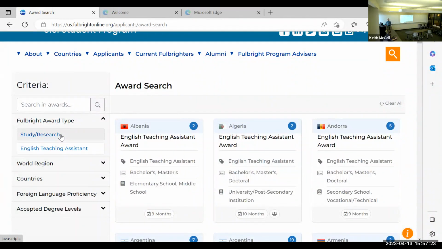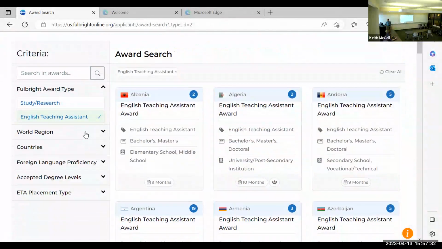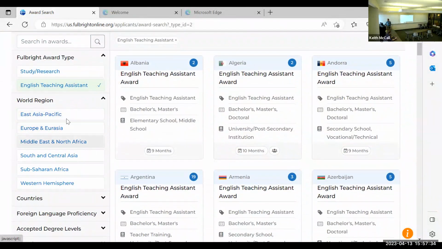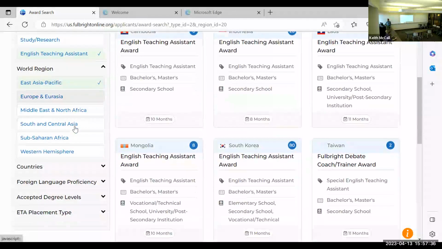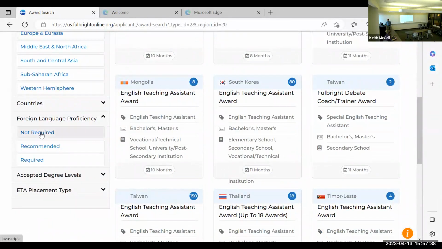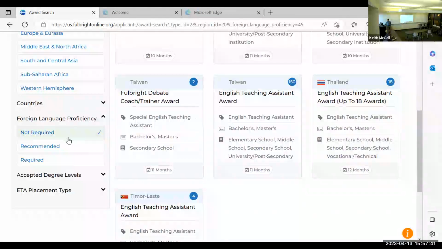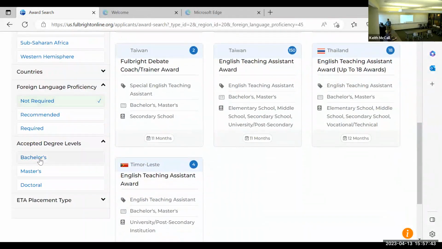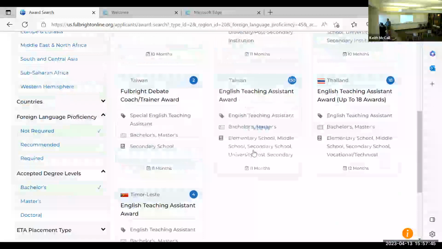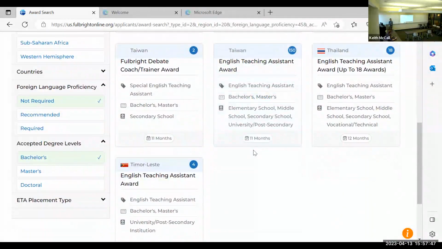Again, if you're not really decided where you want to go, but you have a general idea that you want to do a Fulbright and you want it to be kind of like this or that. So if you know you're looking for an ETA and you know you want to be in, let's say, East Asia Pacific, but you don't have any language skills, and you're applying at the bachelor's level, now it narrows us down to, these are the 4 you should be thinking about. So you can use this to help narrow down if you're not really decided on where you want to go.